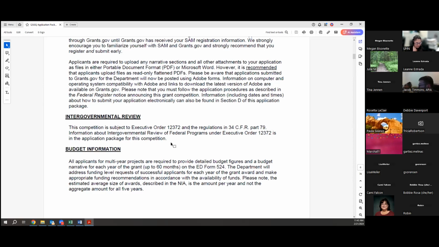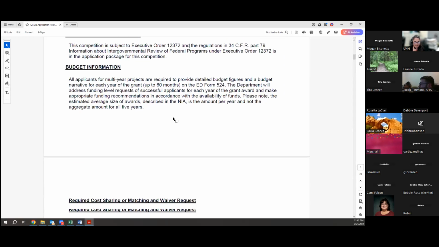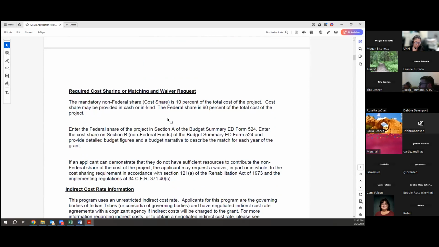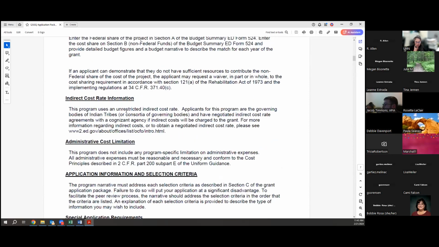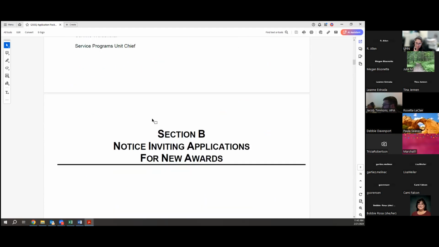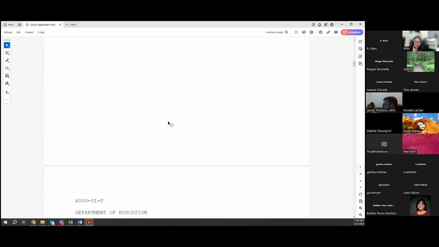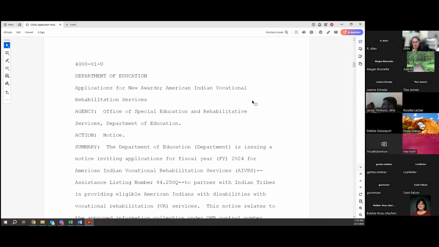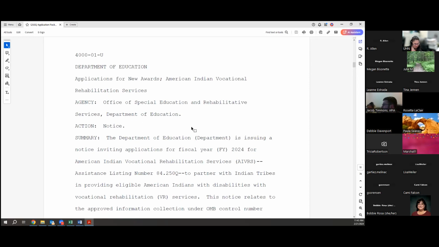On the next section that actually goes through the notice inviting application for new awards, it'd be wonderful if they numbered the pages. They did not. So it goes through a lot of the things that are the preprint.